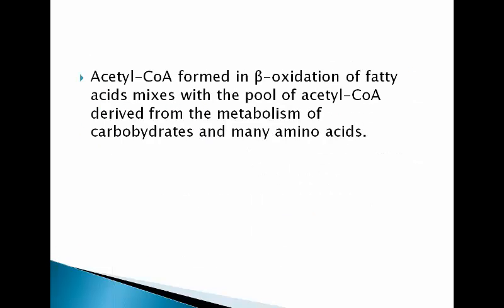So every time acetyl-CoA is formed in the beta oxidation, the molecules of acetyl-CoA will mix with the pool of acetyl-CoA derived from the metabolism of carbohydrates and many amino acids. And acetyl-CoA will follow the TCA cycle.